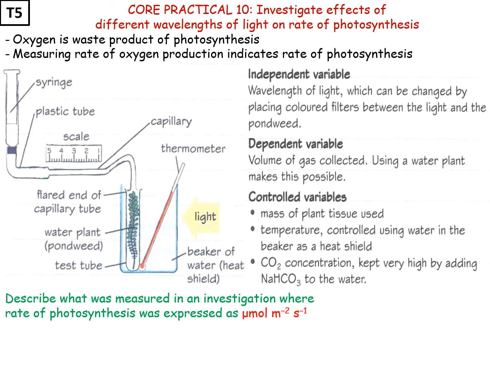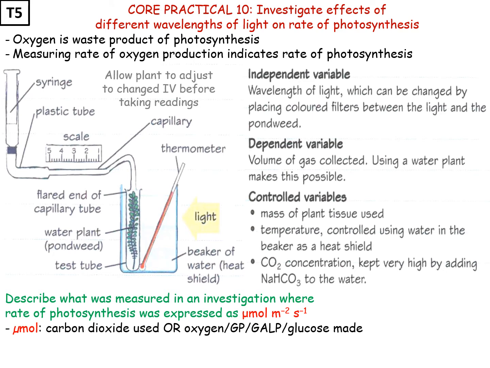Describe what was measured in an investigation where the rate of photosynthesis was expressed as micromoles per meter squared per second. So for the micromoles, that could be the carbon dioxide used or oxygen or glucose made.